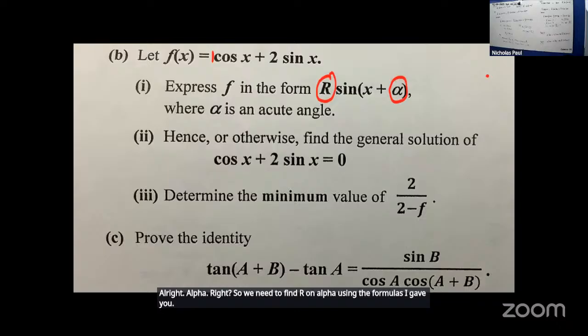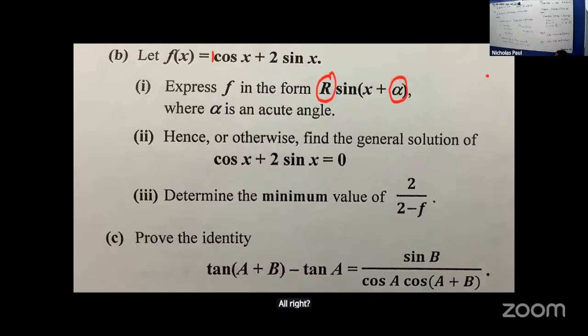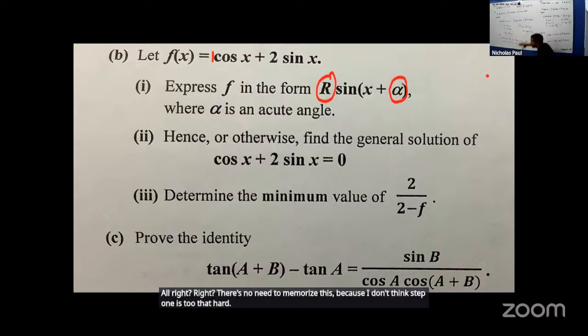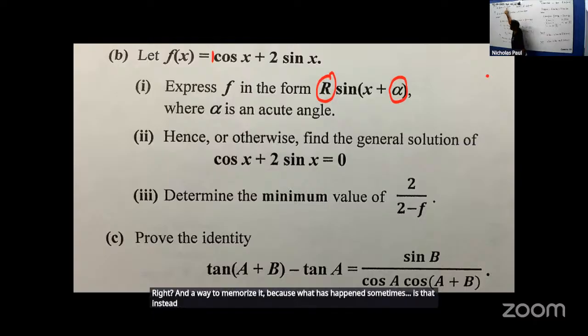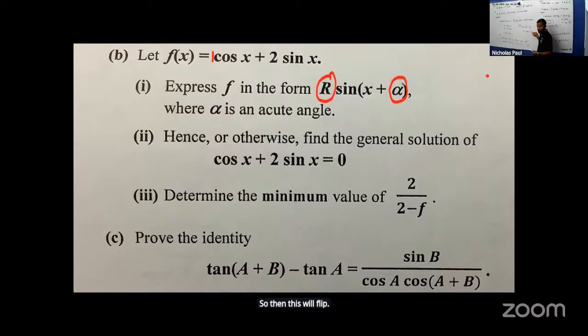There's no need to memorize this because I don't think steps 1 and 2 are hard. I don't want you to memorize it because sometimes instead of writing cos first, they write sine first, and then this will flip. Once you know how to get it, it's easy.